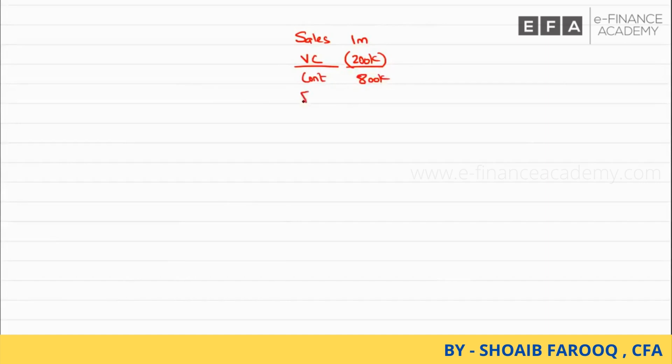Let's say the fixed operating costs are 300,000, and that gives us operating profit, or profit before interest and tax, of 500,000. Then we subtract the fixed finance cost, which is interest, assuming there are no taxes. Let's say interest is 100,000. This gives us net earnings of 400,000.